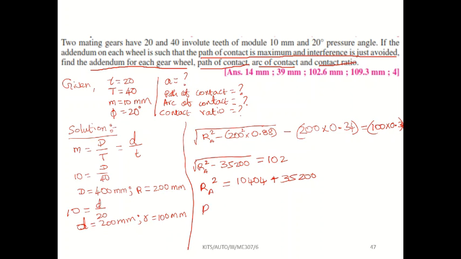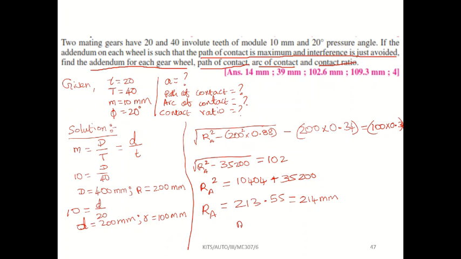So R_a value is 213.55, or we can write 214 mm.